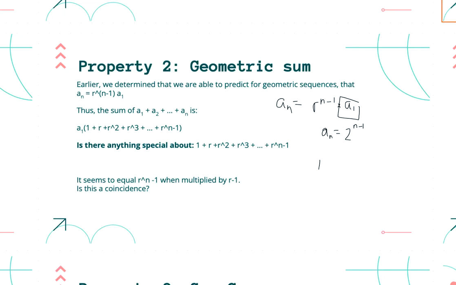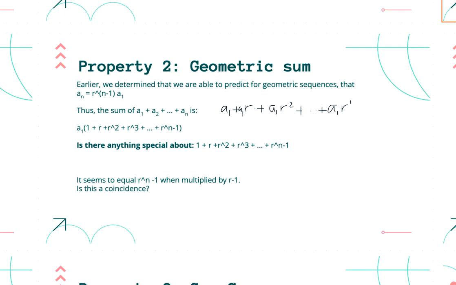Okay, so let's talk about how we can sum these up, right? Because we talked about how we can find the sum for an arithmetic sequence, and now we want to think about how we can do that for a geometric sum as well. So if we are to sum up each of these terms, then we get a1 plus a1 r plus a1 r squared, up to plus a1 times r to the power of n minus 1.